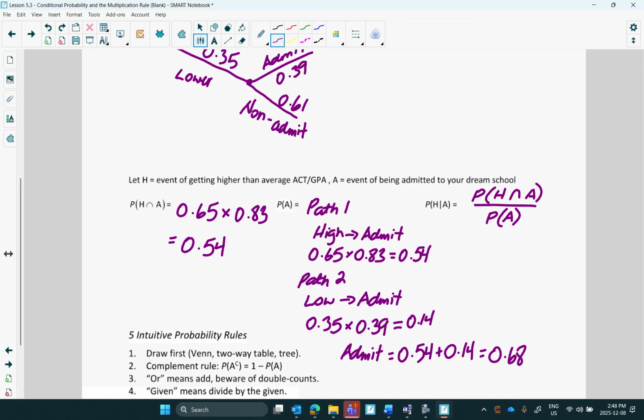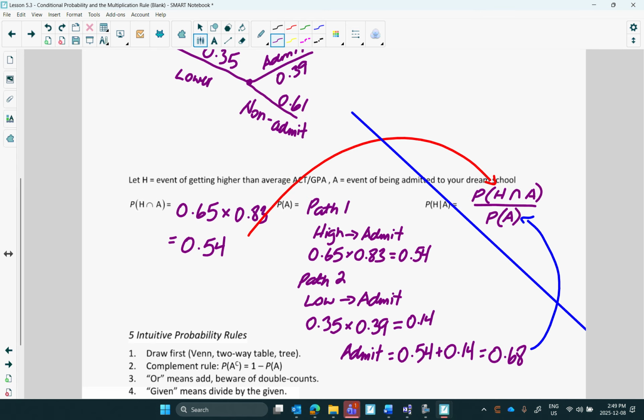So you can see I have to take this answer to there and this answer to there. So it would be 0.54 over 0.68, which gives us approximately 0.79.